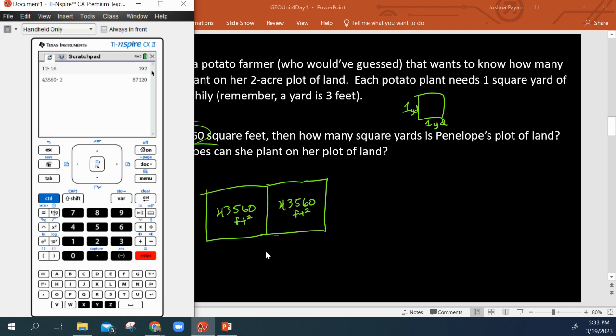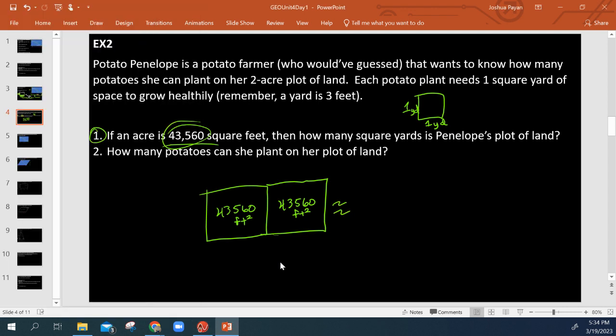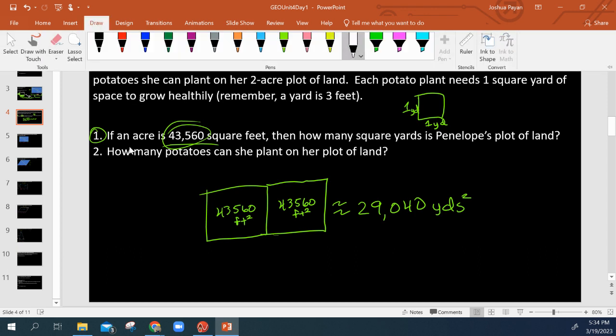Now, if we want to know how many square yards, well, we refer back to the fact that every square yard is 3 feet, right? So we're going to take this square footage and just divide by 3, okay? And that gives us 29.040 thousand square yards, okay? 29.040 thousand square yards.